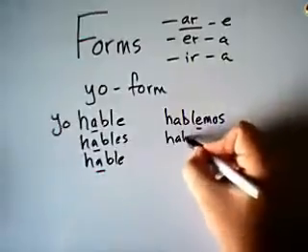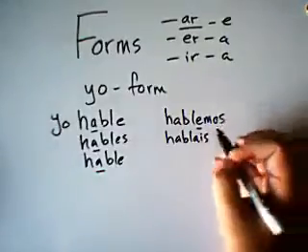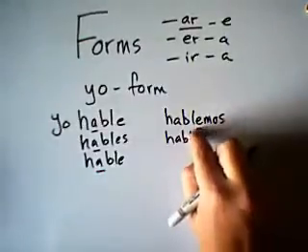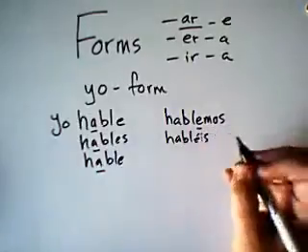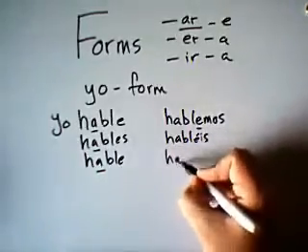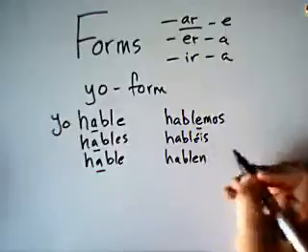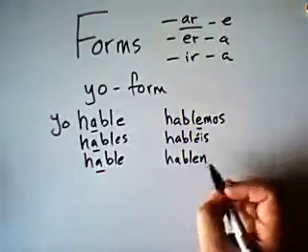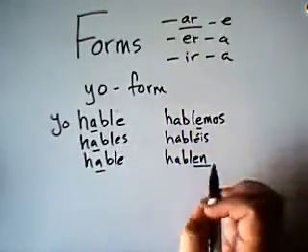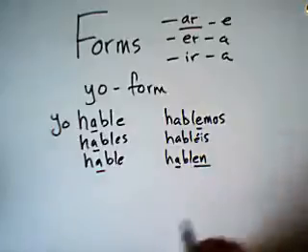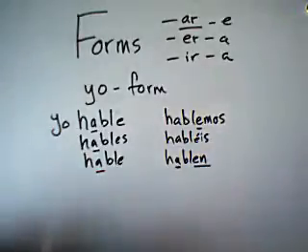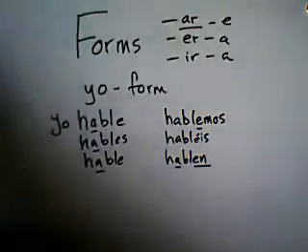You all, familiar in Spain, habléis, and you all, formal, or you all in Latin America, hablen, or they, hablen, accented syllable again, the second to last, hablen, all right? So that would be a regular AR verb.